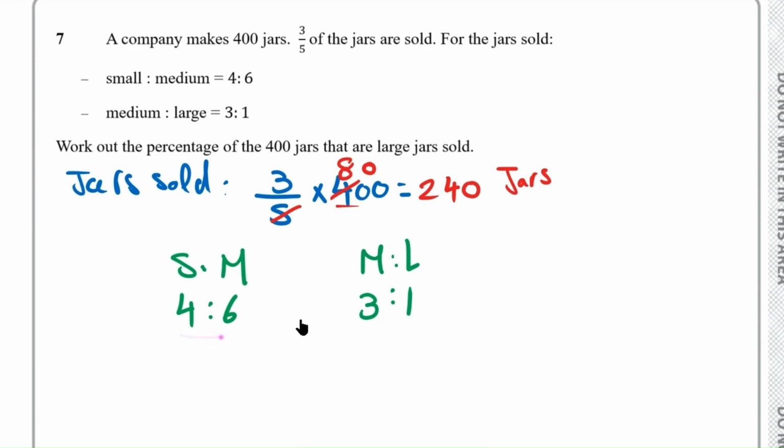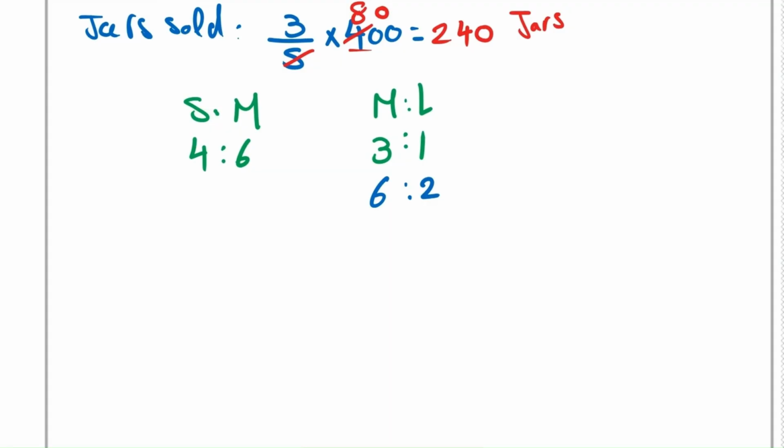No, because there are differences in numbers. So we need to find a common ratio. If we look at this 6 and this 3, we can easily turn this number into 6 by multiplying by 2 both sides. So we write 3 times 2 is 6 and 1 times 2 is 2. Now we have a common number which is 6, so we can rewrite small to medium to large as 4 to 6 to 2.